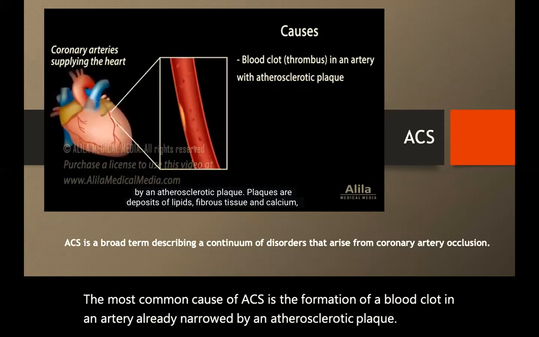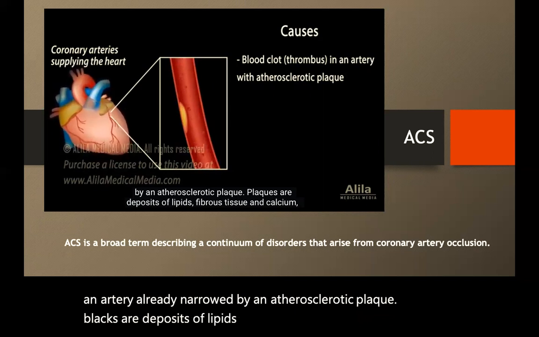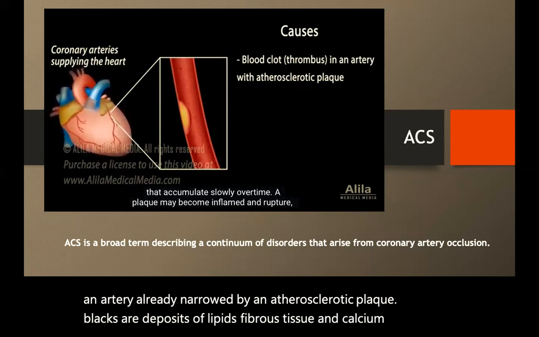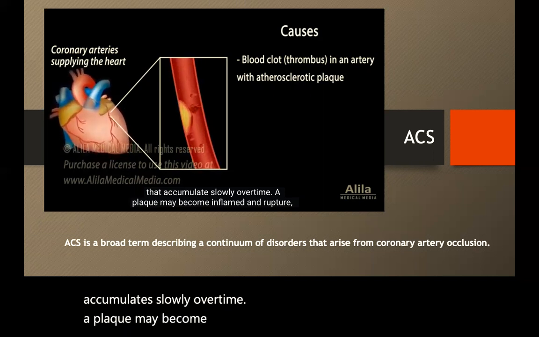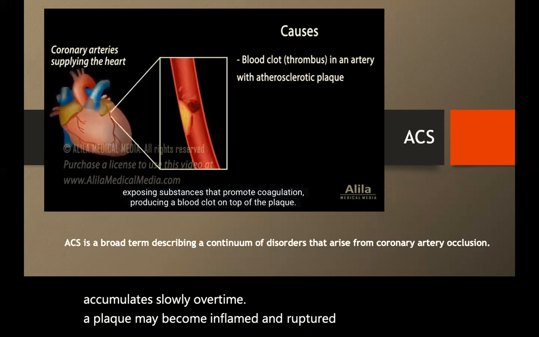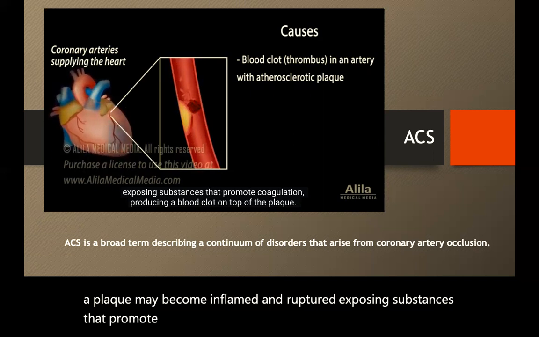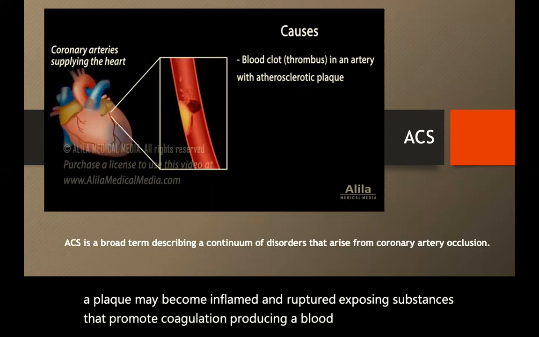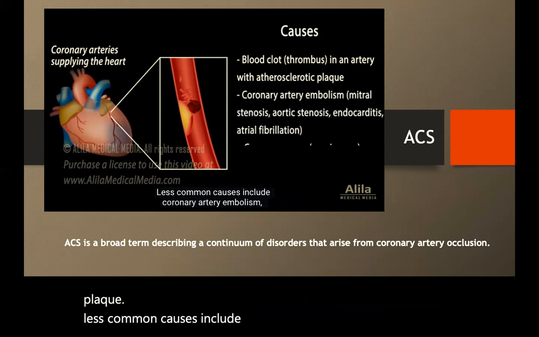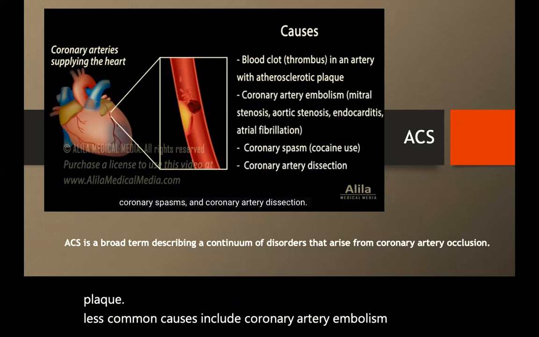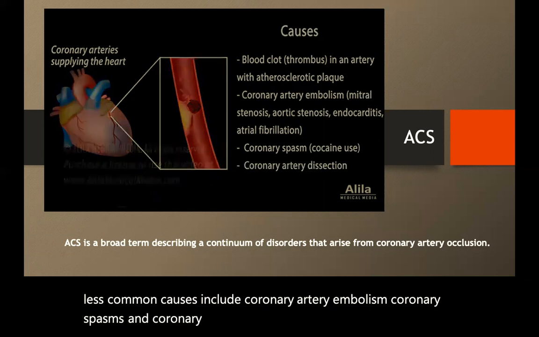Plaques are deposits of lipids, fibrous tissue, and calcium that accumulate slowly over time. A plaque may become inflamed and rupture, exposing substances that promote coagulation, producing a blood clot on top of the plaque. Less common causes include coronary artery embolism, coronary spasms, and coronary artery dissection.